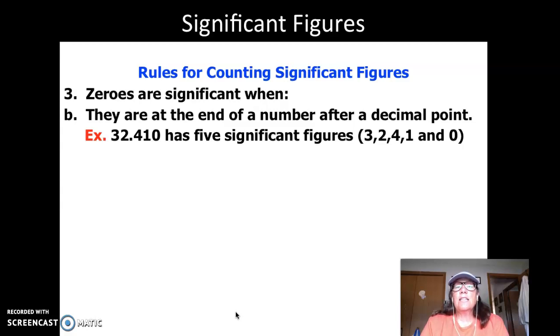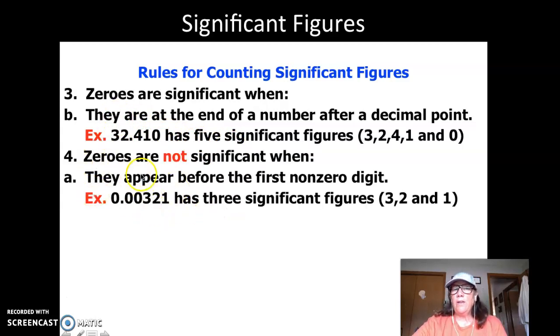Zeros are also significant if you have a number and you add a decimal point. Adding this 0 here doesn't really change the value of the number, but by writing that 0 down, what it's saying is I measured up to that point. It just happened to fall on 0. Why would I write it if I didn't measure up to it? So all of these are considered significant. If you write zeros after the decimal, they're significant.